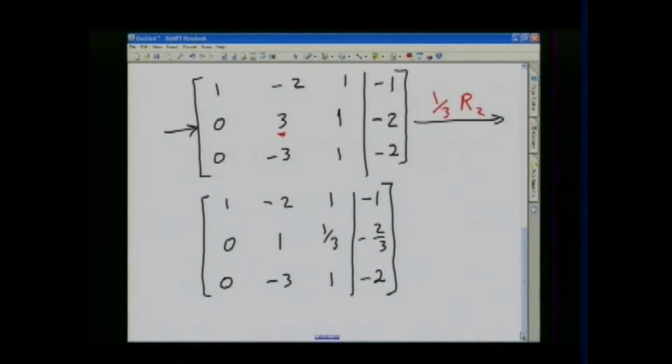Now next, again, I want this to be 0 and this one to be 0. So what I'm going to do is have R1, that is row 1, plus 2 times R2, row 2, and then R3 plus 3 times R2.